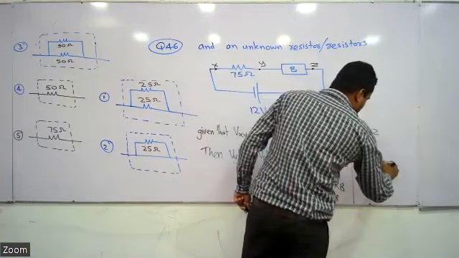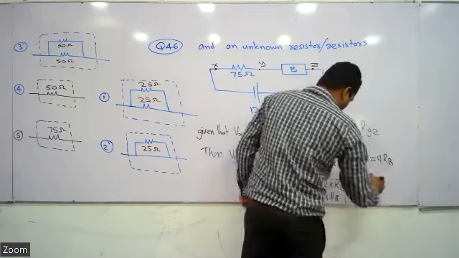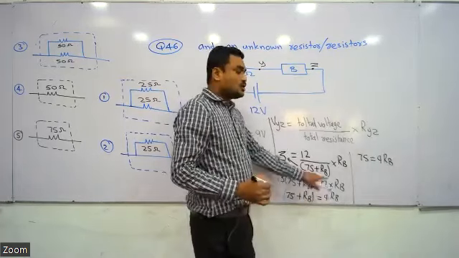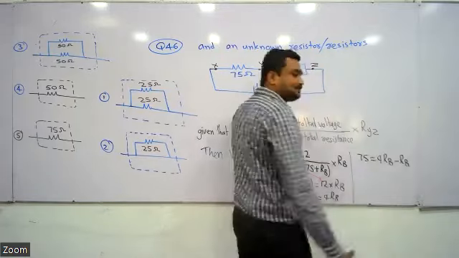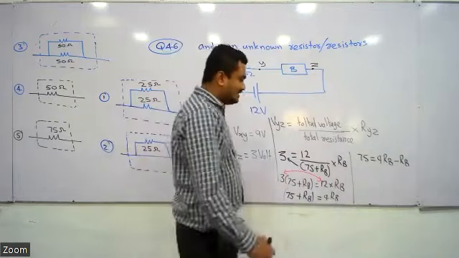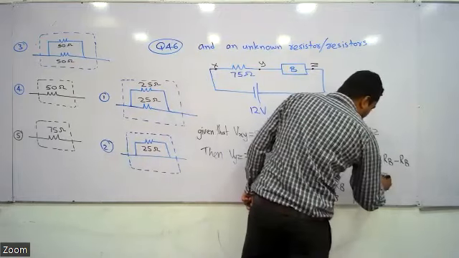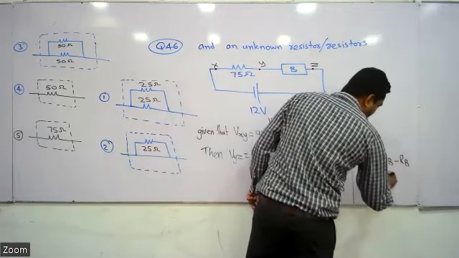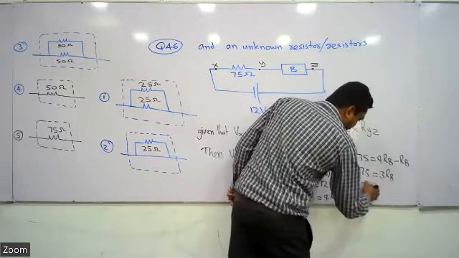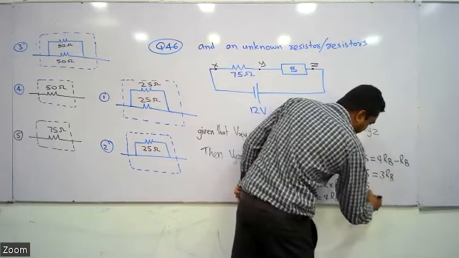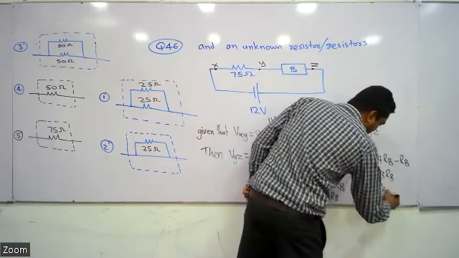75 equals 4RB, and RB goes to the other side as minus RB. Then 75 equals 4 minus 1, which is 3RB. If you take 3 to this side, 75 divided by 3 equals RB.